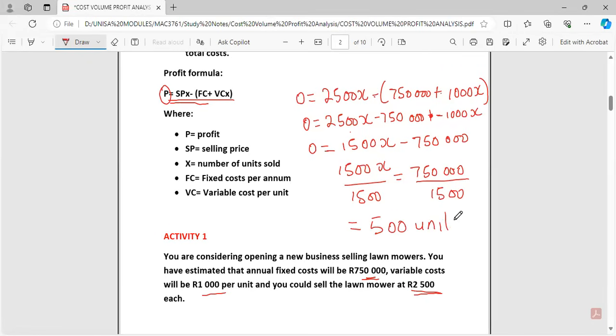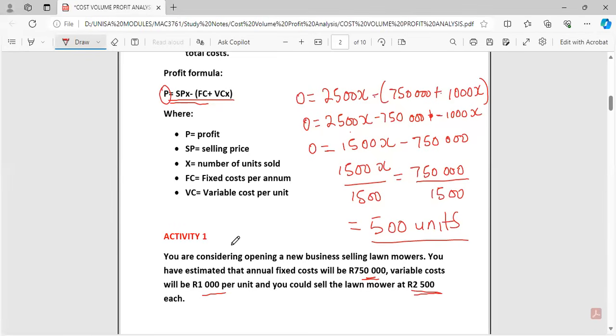So these are the units where there is no profit or a loss. We just break even. So when we talk of break-even point, we are talking of a point where you are not going to make any profit. You just break even to cover the cost. That's your break-even point, right?